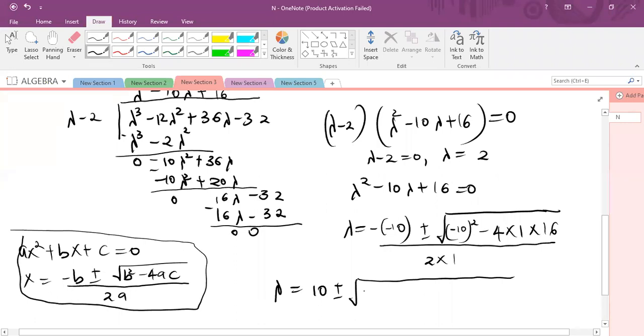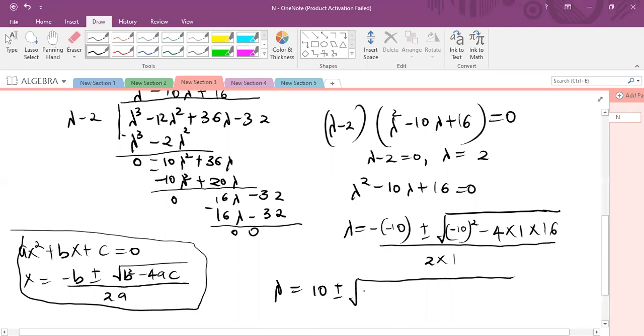So what will that give? 16 times 4, I hope we have that value right. Guys, you can calculate that and get our values of lambda. From there, I think you guys can continue.